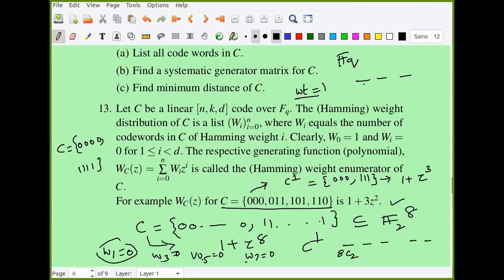Very good. Now how many vectors are there? For example, if I take the field as 0, 1, 2, my q equals 3, right? Then how many vectors will be there with weight 1? You know the answer. 3?